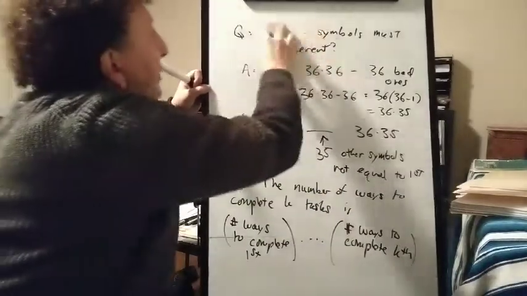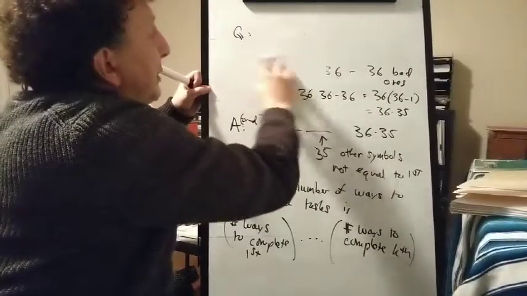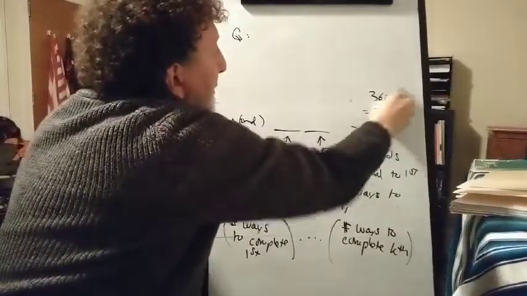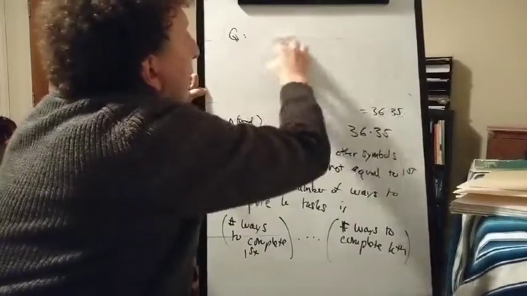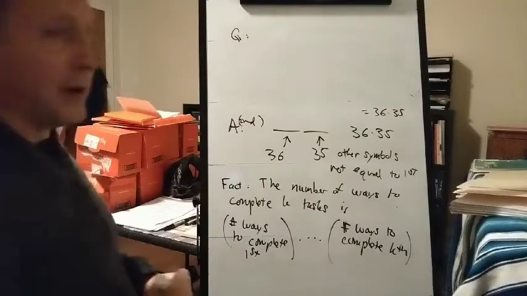So, for example, we can talk about code words that are more than 2 digits long. We can ask how many binary words are there of length 7?